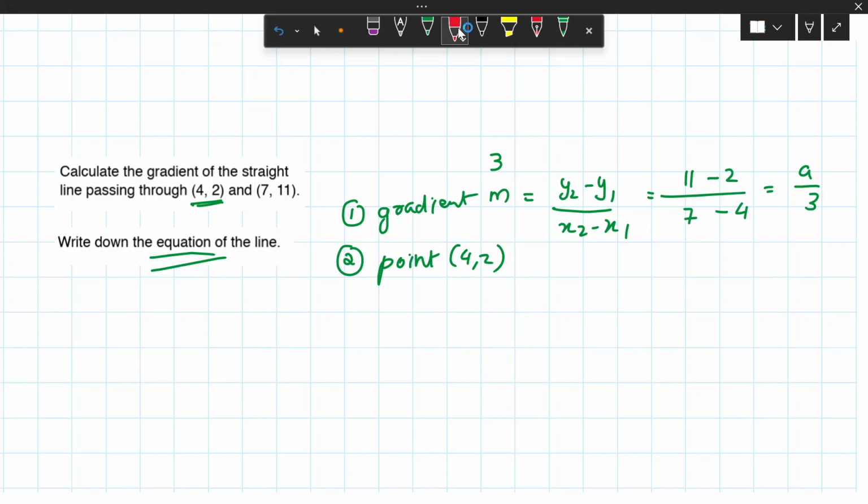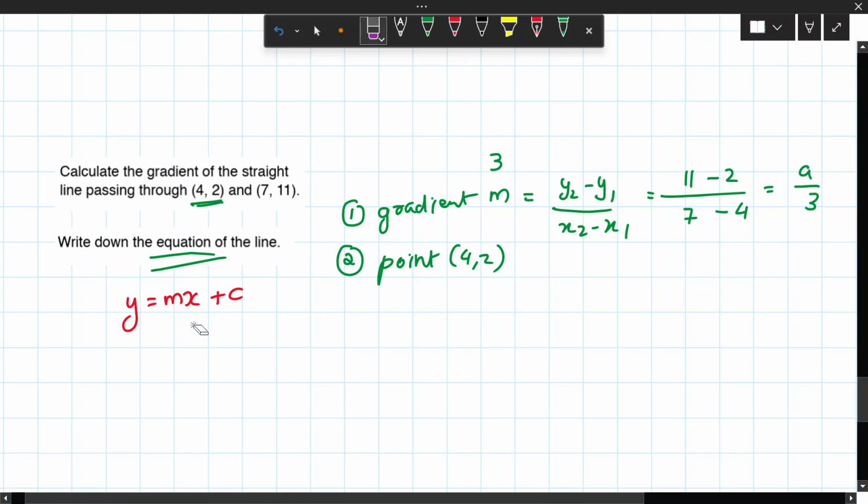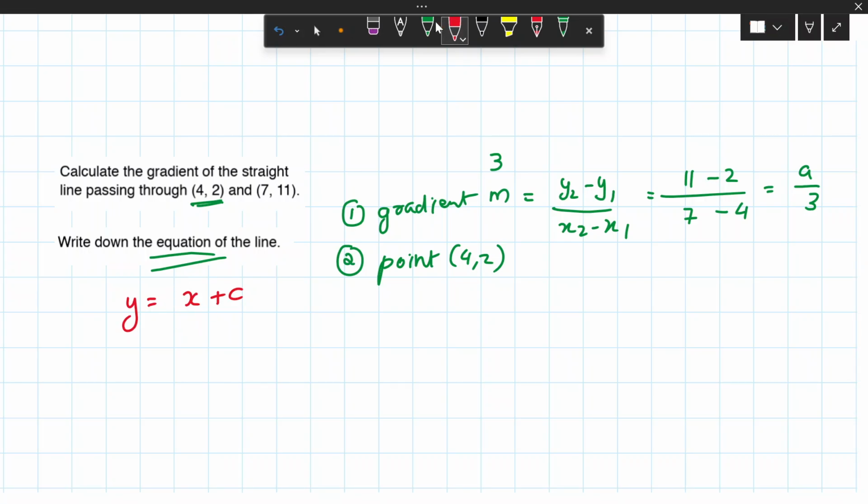Obviously, the equation of the line, I'm pretty sure all of you can remember that one, y equals mx plus c. You've got your gradient there, m, and we know m is 3. So I'm going to write y equals 3x plus c. But to find c, we're going to have to use the x coordinate and your y coordinate, which means y coordinate would be 2, x coordinate would be 4.